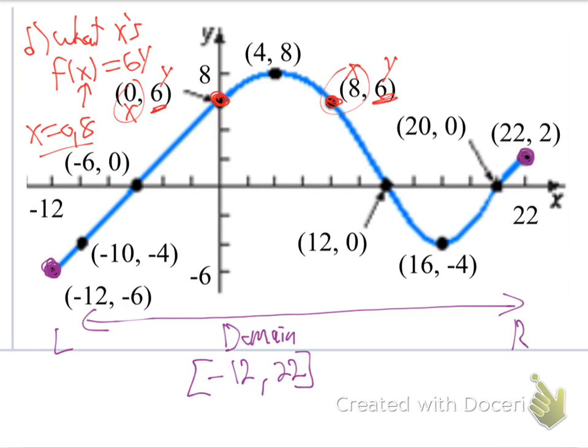Now the range. Last thing is the range. Let's do that. So the range is negative 6 to 8. Yeah, bottom to top. So the range would be, the bottom is negative 6. But they're not solid dots. Well, this is the bottom right here. This dot is the bottom dot.